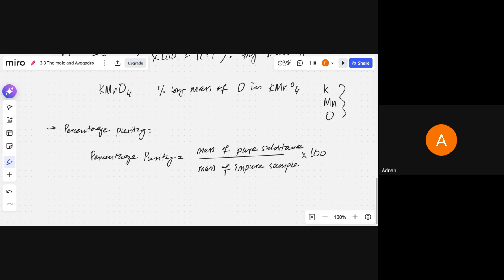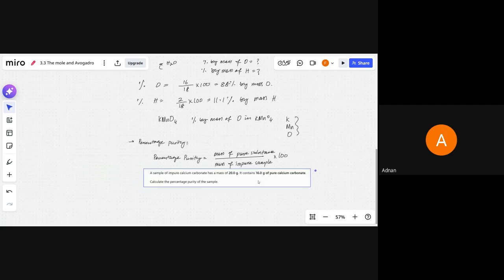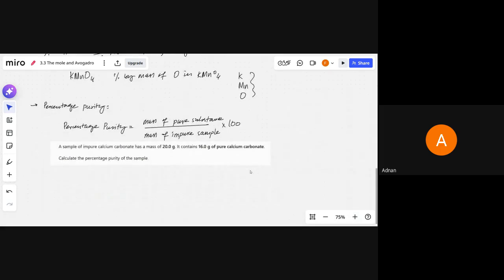Let me quickly paste a question on this. Okay, here it is. A sample of impure calcium carbonate has a mass of 20 grams, and it contains 16 grams of pure calcium carbonate.